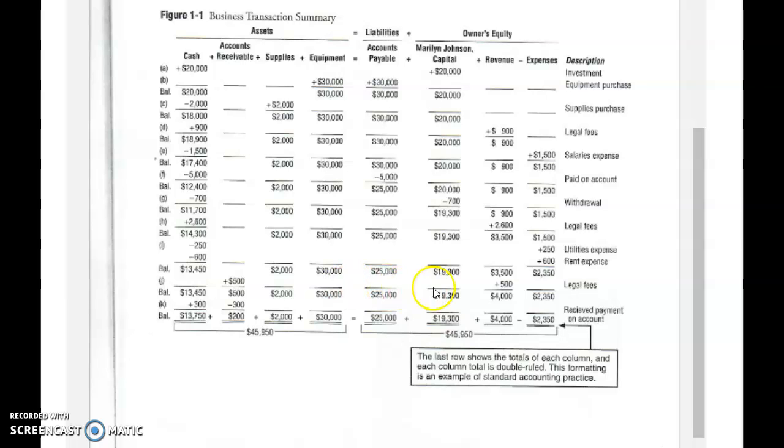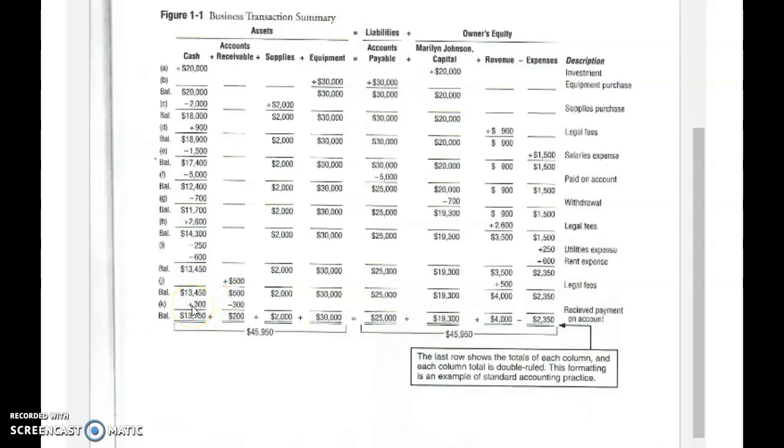Again, here's legal fees, but this time the legal fees were on account. So instead of increasing cash this time, you will increase accounts receivable. And the last one is you received payment on account. So the client who she did legal work for in the previous transaction is paying $300 on their account.